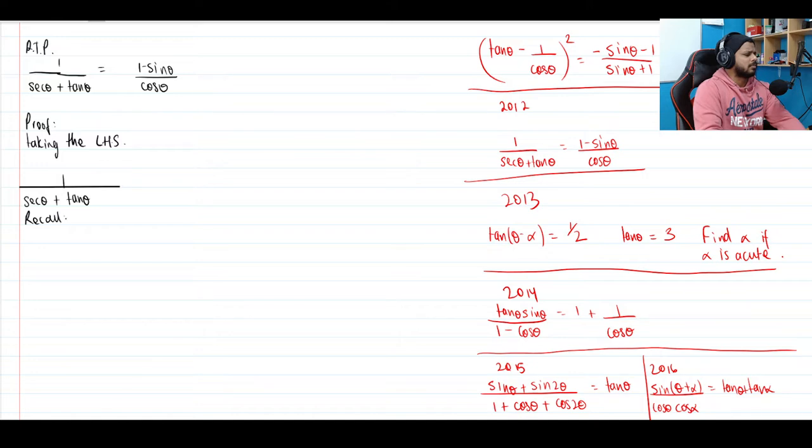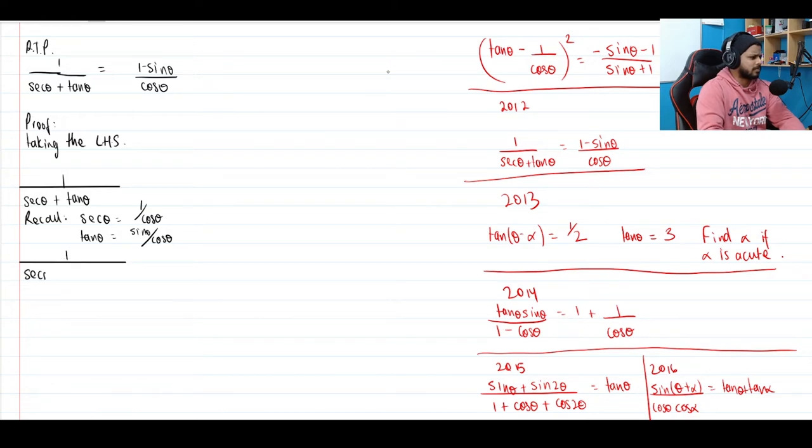I'll recall that sec theta is 1 over cosine theta and tan theta is sine theta over cosine theta. Now my denominator becomes a little bit complicated. So I have 1 over 1 over cos theta plus sine theta over cos theta.